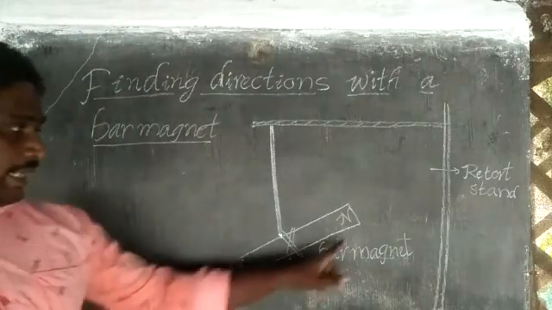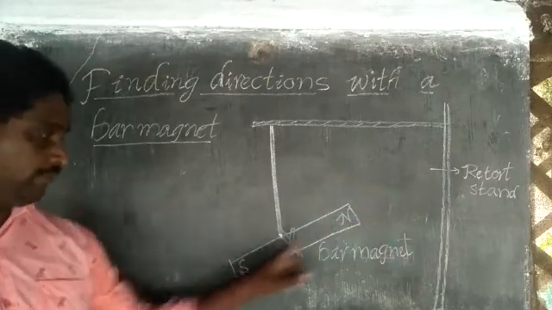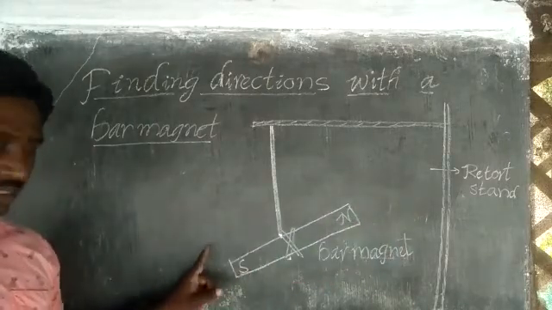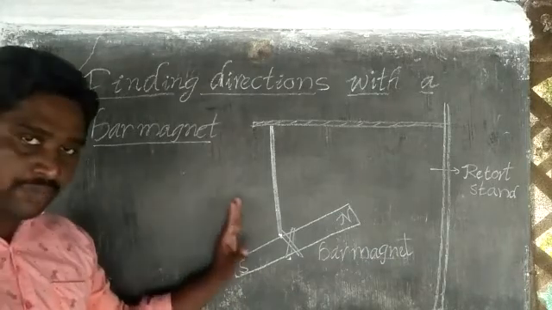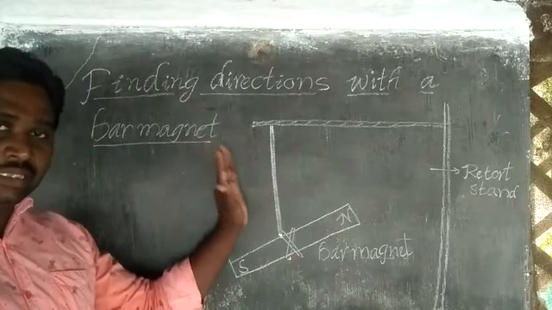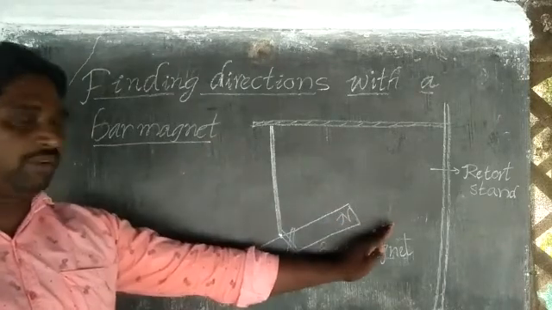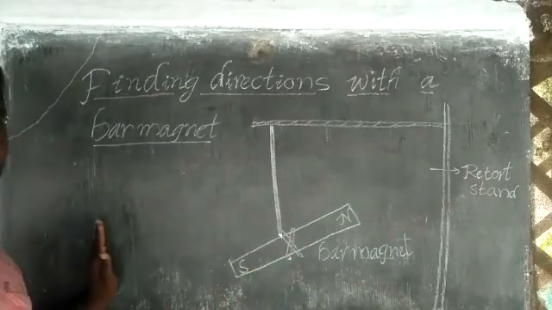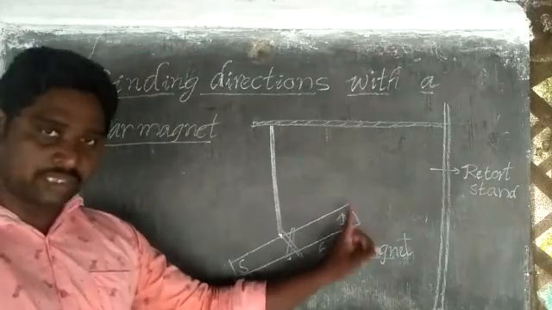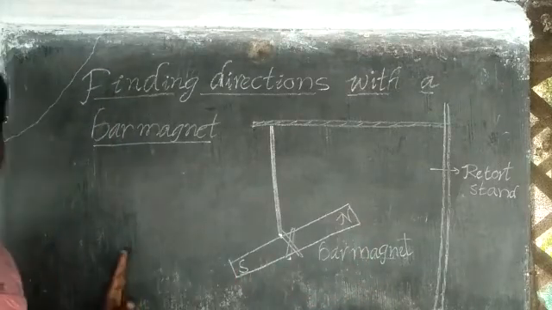Students, here N is for the geographical north direction, S for the geographical south direction. This bar magnet always points with one end towards geographical north and the other end towards geographical south. So this is the north pole of a magnet, and this is the south pole of a magnet.